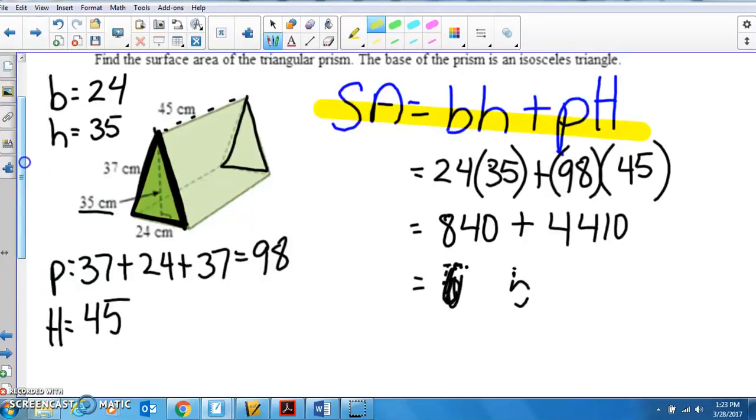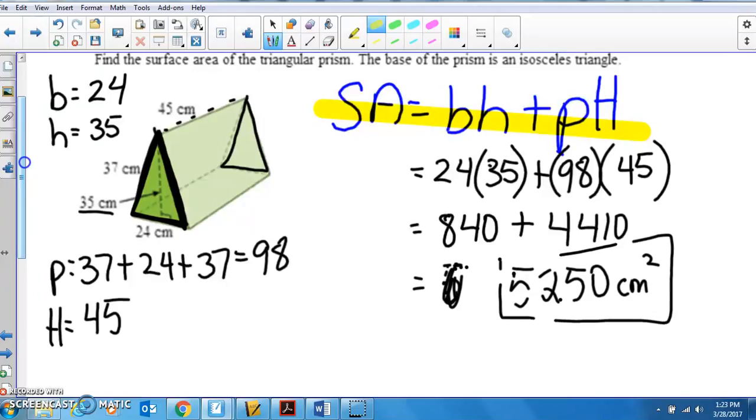Scratch that. 5,250. And this is centimeters, so centimeters squared. So our surface area: we found the base and the height, the perimeter of the triangle, and the height of the overall prism. Substituted everything in, multiplied, and then added together to get our surface area of 5,250 centimeters squared.